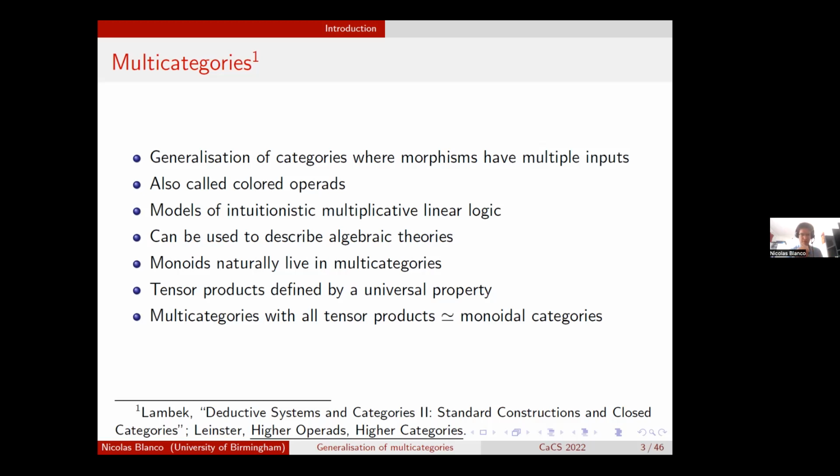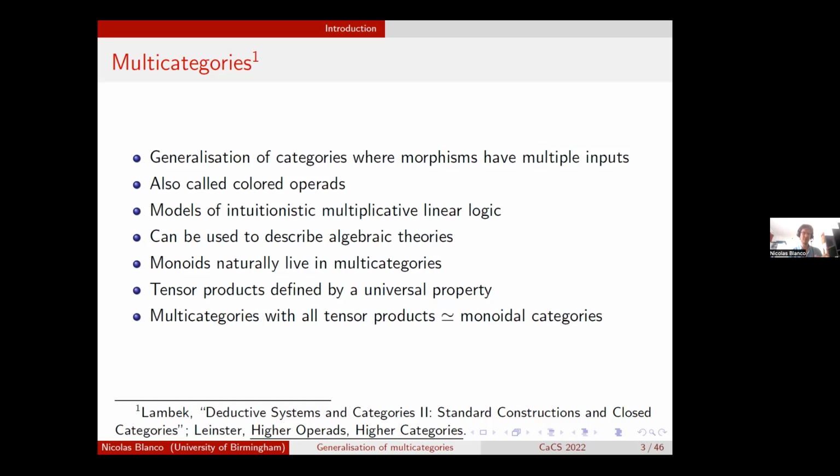What will be interesting for us today is that you have a notion of tensor product in a multi-category that is defined with a universal property. So the tensor product is defined uniquely up to unique isomorphism. It's exactly the same idea as what you do in a vector space, where you say that the tensor product is uniquely determined by the fact that it's linearizing any multilinear map. So we'll do the same thing, but for any multi-category.